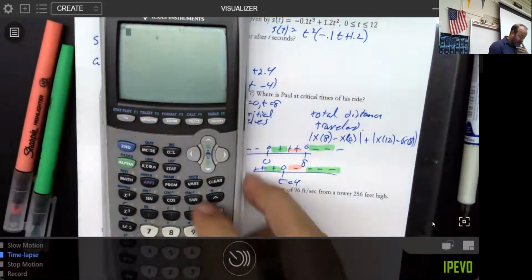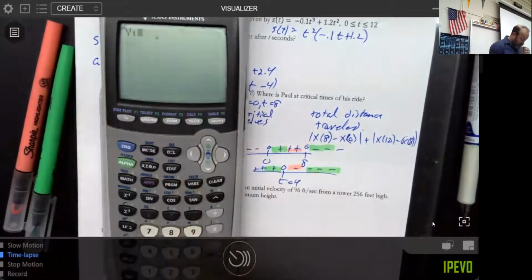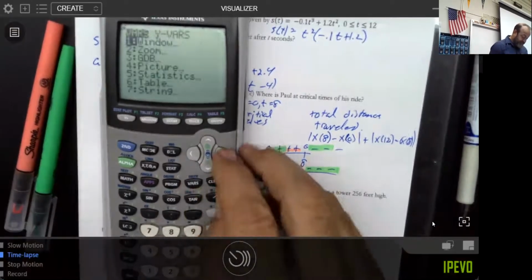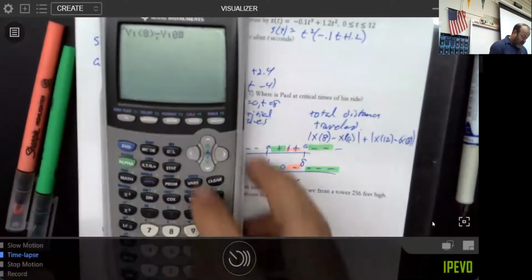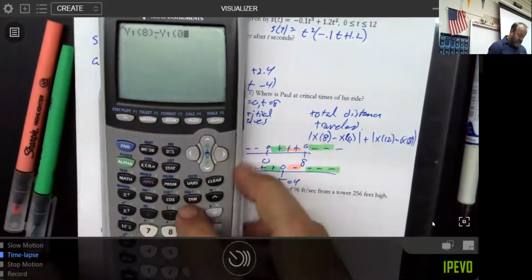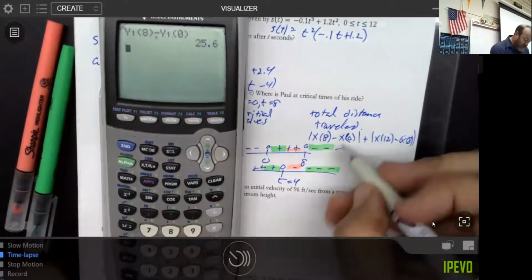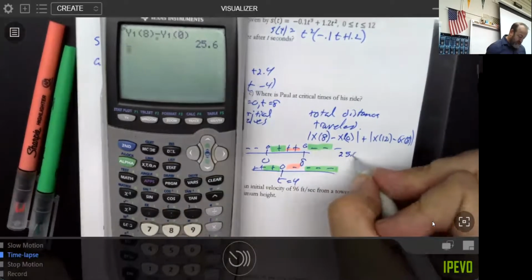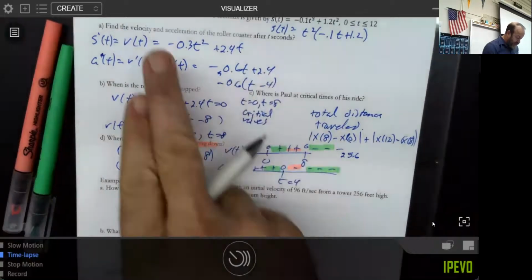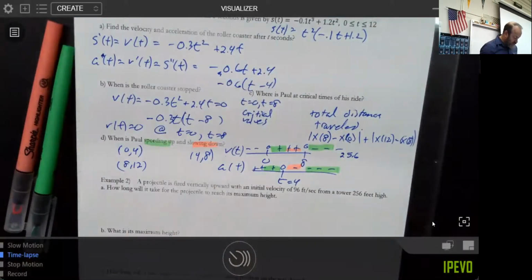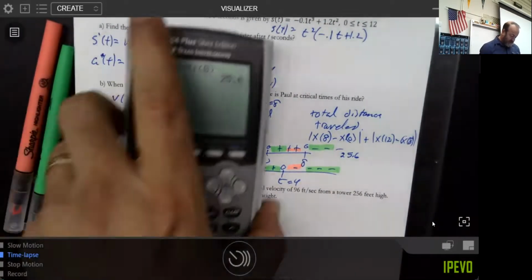And so let's just find out, Vars, Y-Vars, y1 of 8 minus y1 of 0. And because it's going forward, this should be a positive value. So we went forward 25.6 units in this particular problem. I don't think it actually says what the units are, so we'll just say units, which is fine.